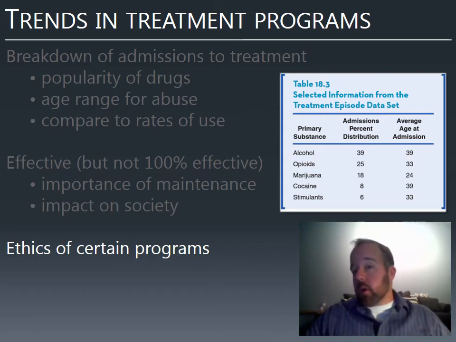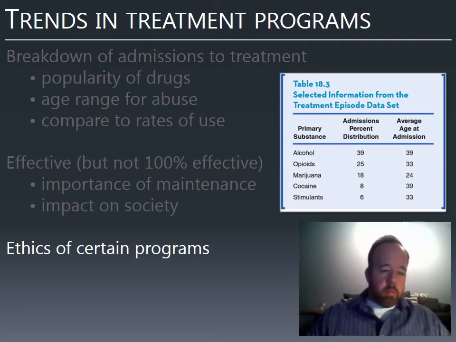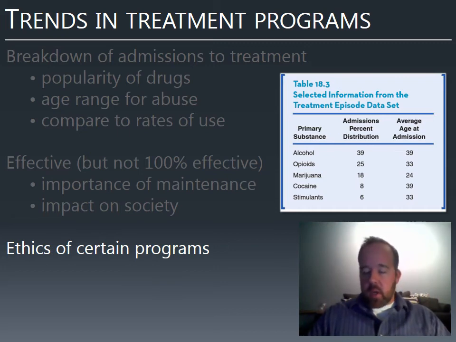It's safer, at least the data suggests that it is. But is it ethical? The person is still addicted to a drug, effectively. So is that really solving the problem? So all of these treatments have pros and cons, both in terms of effectiveness, what drugs they're designed to address, and these ethical considerations.